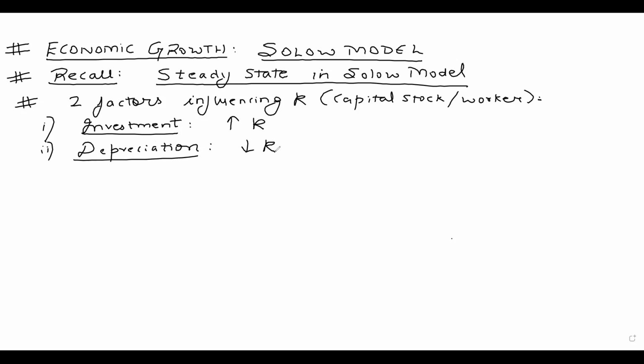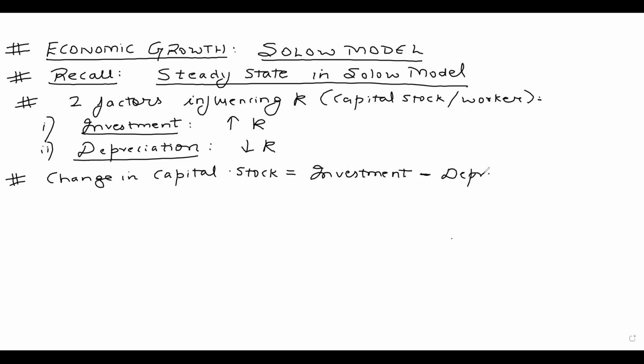And then we had said, what is the change in capital stock? The change in the capital stock is equal to investment minus depreciation, because investment is the amount by which new capital is added in the economy. Depreciation is the amount by which the existing capital stock is wearing out.